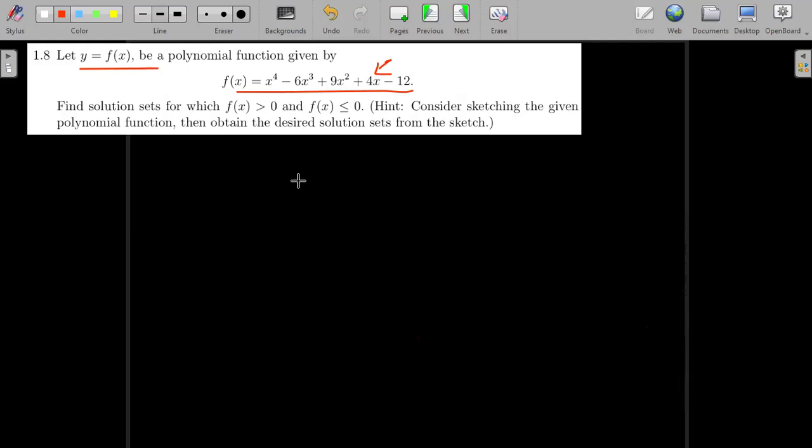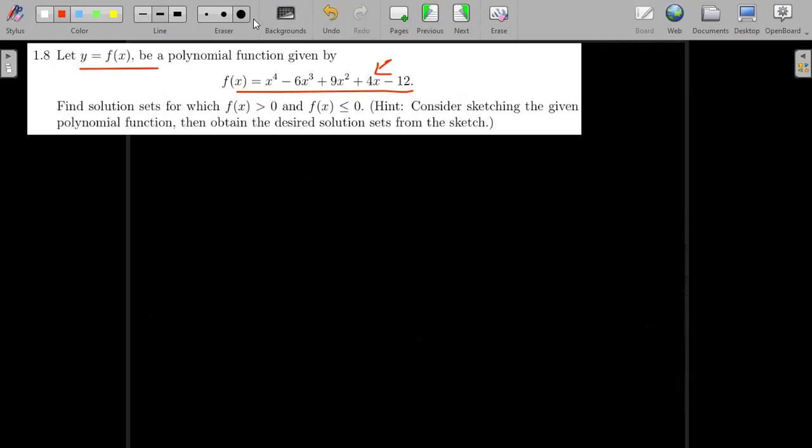And we know that for us to sketch a polynomial, we just have to factorize it completely. So we express it entirely in terms of factors, and then those factors are going to give us the points where the curve is going to touch the x-axis, and then we can sketch it.